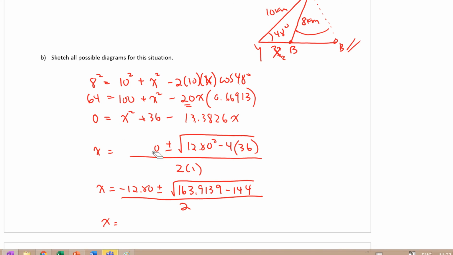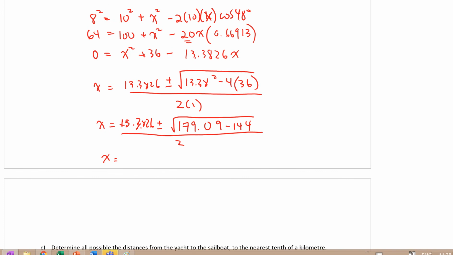So that means this part over here becomes 13.3826. If I square that, this is going to be 179.09 minus 144, that gives me 35.